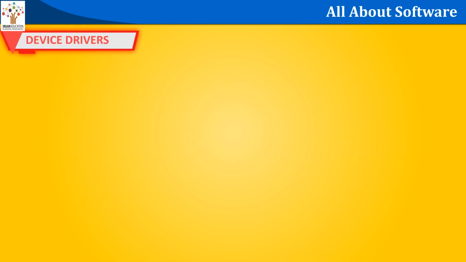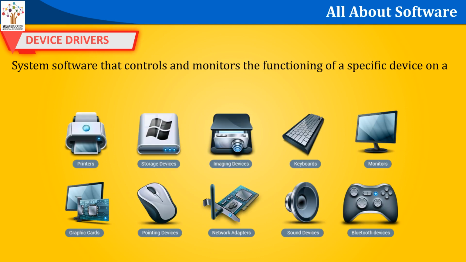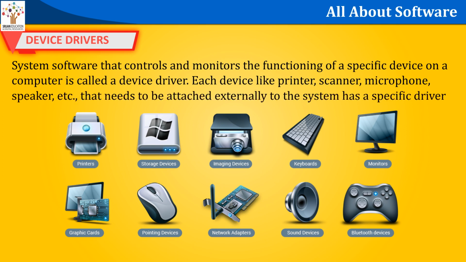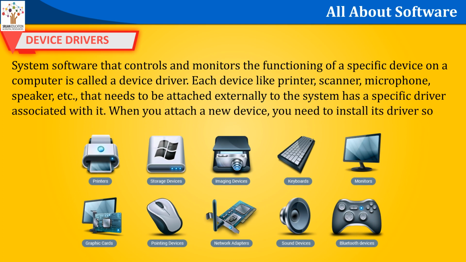Device drivers. System software that controls and monitors the functioning of a specific device on a computer is called a device driver. Each device like printer, scanner, microphone, speaker, etc. that needs to be attached externally to the system has a specific driver associated with it.